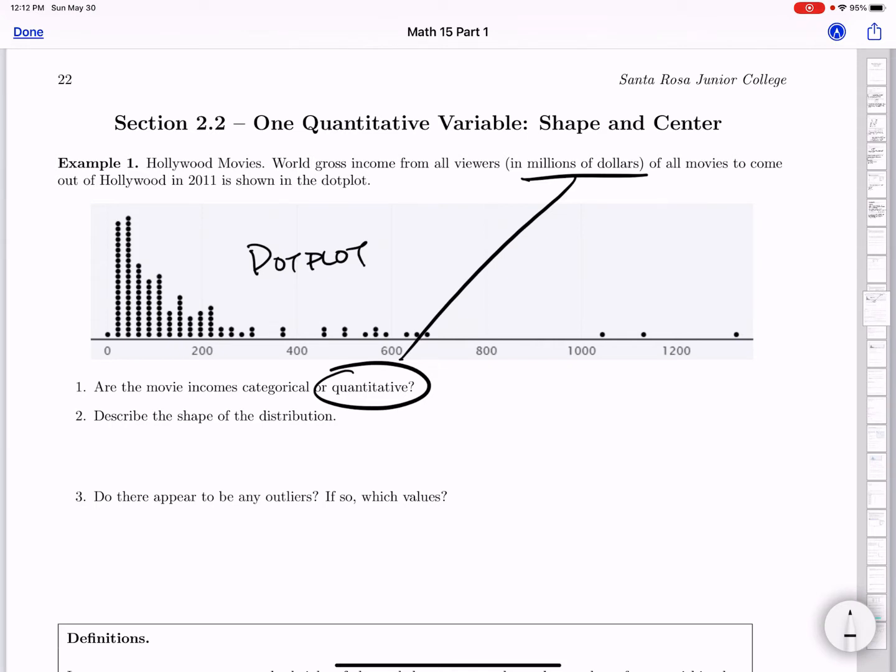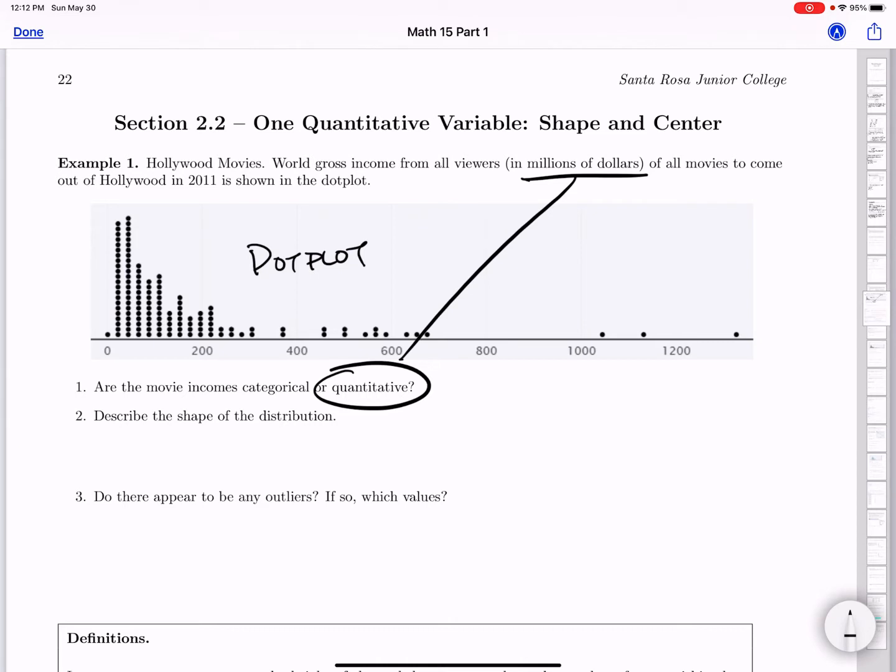Now it says to describe the shape of the distribution. If you have taken statistics before, you may know some words that describe the shape, but before we talk about what those words are, I just want to describe it more casually, which is the data is kind of shifted to one side. The data is all piled up on the left, and it tails off to the right.